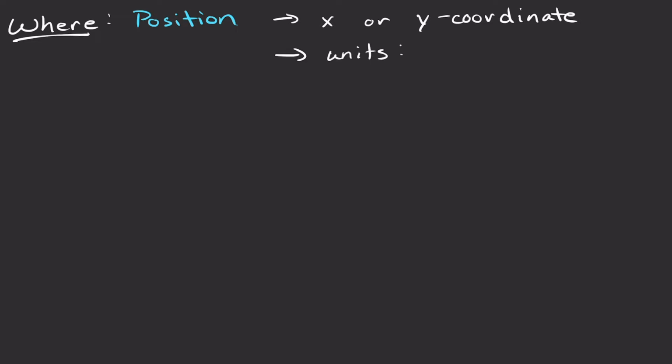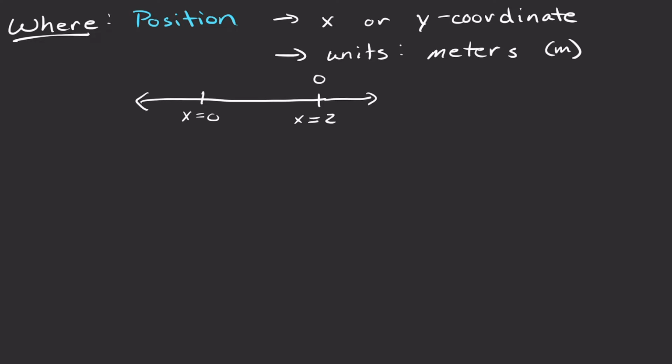So if I want to identify your position, so we're going to measure it in meters, I might say you are 2 meters from the origin. So if you have an x number line, maybe this is x equals 0, and your object is over here at x equals 2 meters away. That's how you identify where an object is.